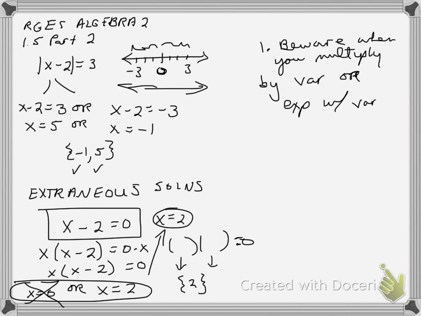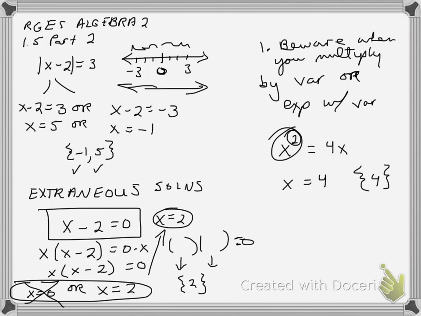The second area you can run into trouble is by missing out or losing part of your solution. Let's say I had an original equation that said x squared equals 4x. I might want to divide both sides by x, and I would get x equals 4, and there's my only solution set. But you might remember from your Algebra 1 that anytime you have a term with a second degree, I'm expecting two answers.